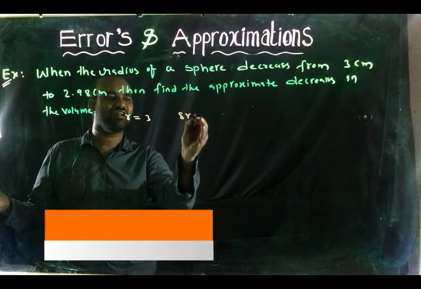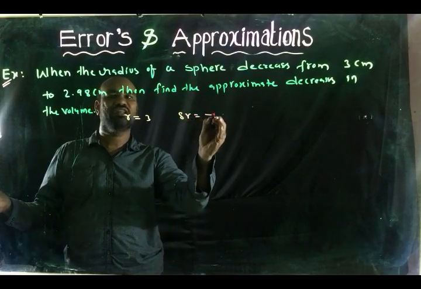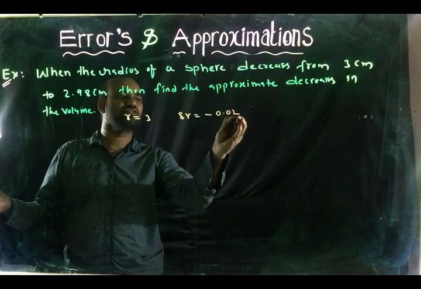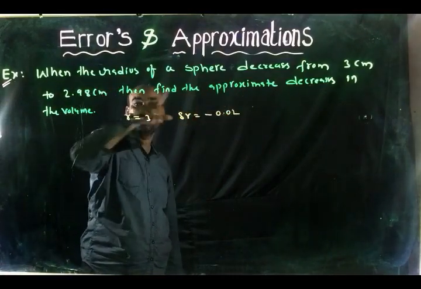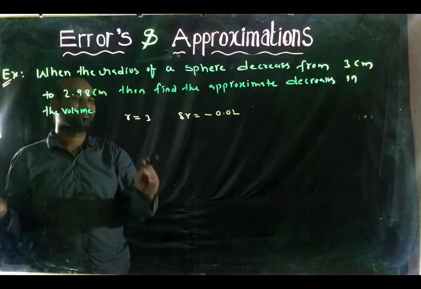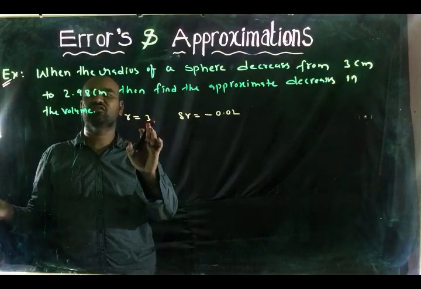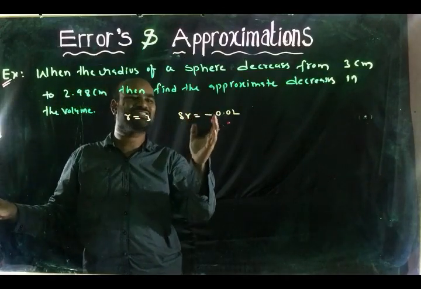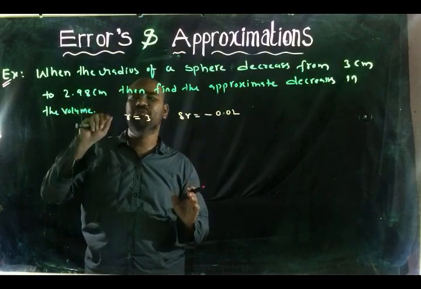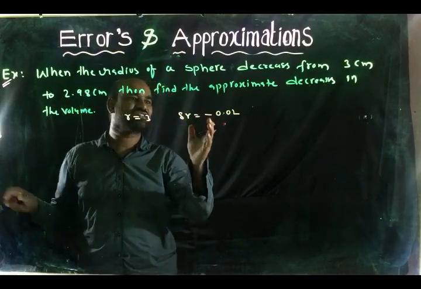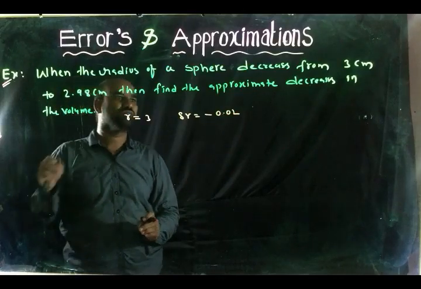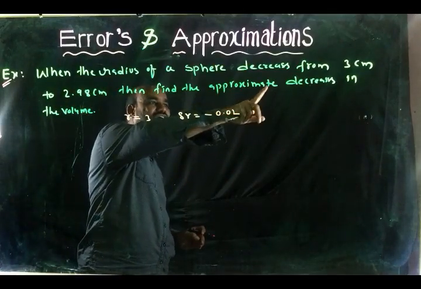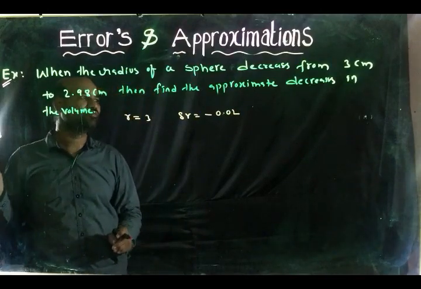Delta R equal to minus 0.02. Original radius is 3, no? Now after decreasing, the radius becomes 2.98, means error in radius is taken as minus 0.02. Then find the approximate decrease in the volume.